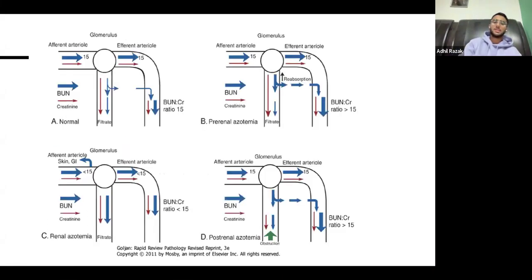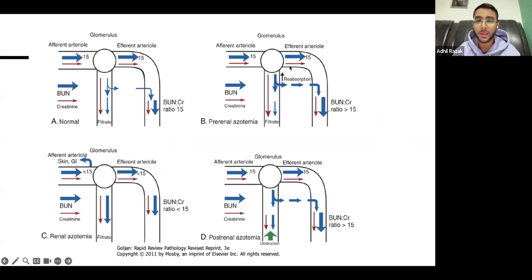So let's look into what exactly these azotemias are. There are three types: pre-renal azotemia, renal azotemia, and post-renal azotemia. The word azotemia pretty much means that there is increased BUN in the serum. But how does that happen? It could be due to a cause before the kidneys, in the kidneys, or after the kidneys.